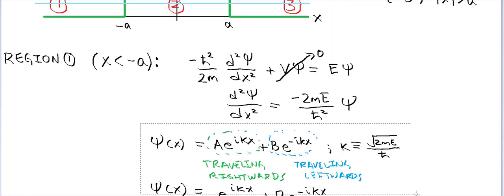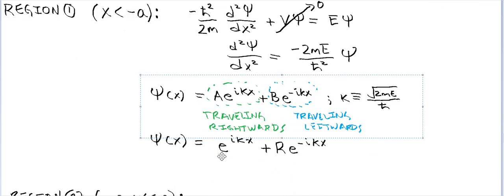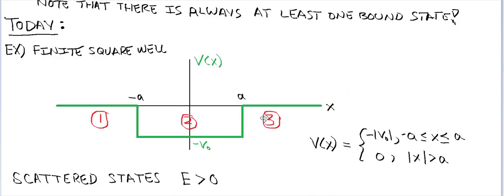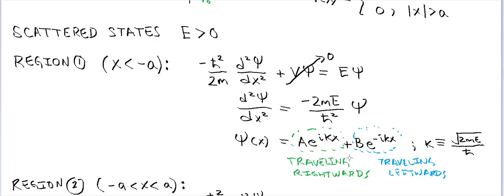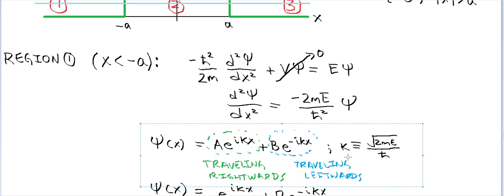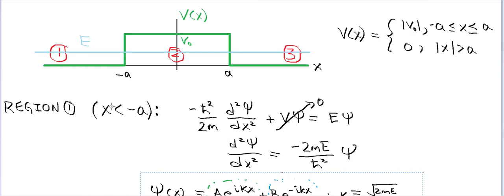And again, we've got psi of x is equal to A e to the ikx plus B e to the minus ikx, where k is radical 2mE over h bar. You'll remember that this is the same solution we had in region 1 up here, right? Which makes sense because the potential is the same out here, right?